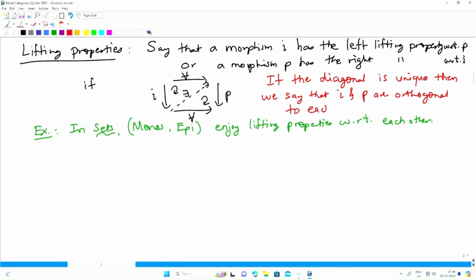I'm not writing the notation because, as usual, I do not remember which one should be on the left and which one should be on the right. So this lifting property is really important.